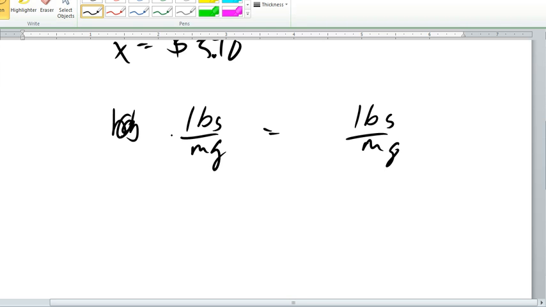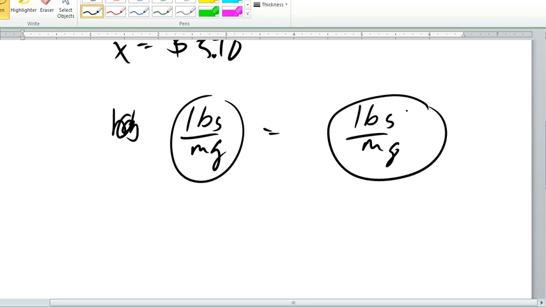So I have my one ratio and my other ratio set up the same way. Then when you're trying to find the missing one, you know, if I'm looking for pounds, that has to be across from here. If I'm looking for milligrams, that's across from there. So those are some of the things to keep in mind as you work on that.